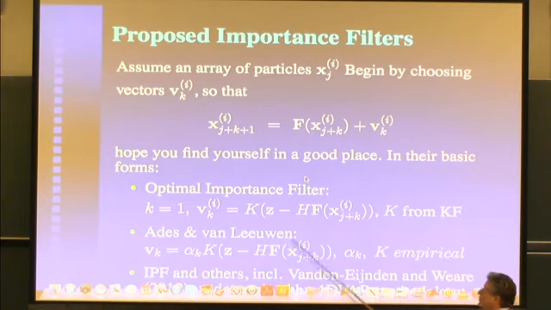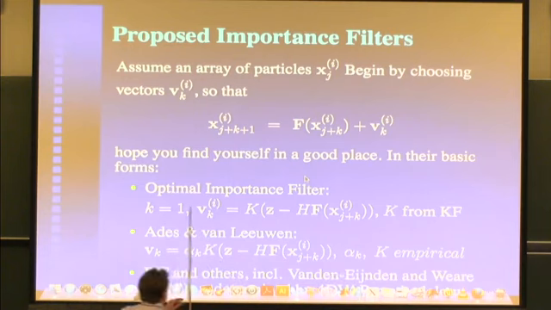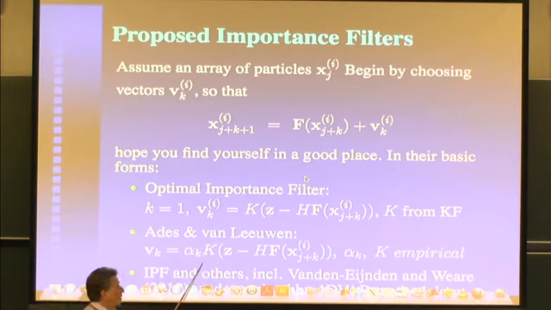Aids and Van Leeuwen do something like this, except that we have many steps, and this alpha and capital K are chosen empirically until they get to the penultimate step, the step just before the last one. Then they do something different. But it would work if they were to use something like that. They just do something empirical, and they've gotten it to work.